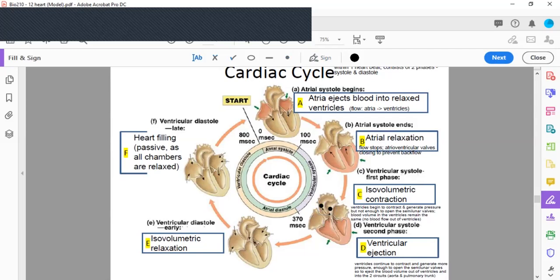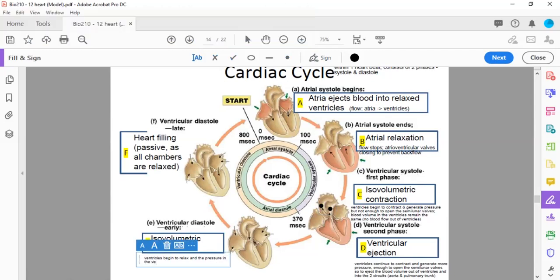In this case, it is known as isovolumetric relaxation, which means the ventricles begin to relax and the pressure in the ventricle gradually decreases, but not enough for the atrioventricular valves to open.